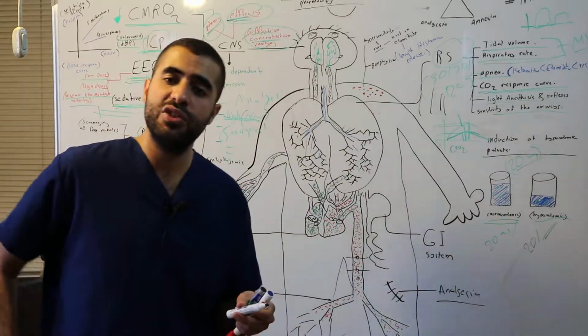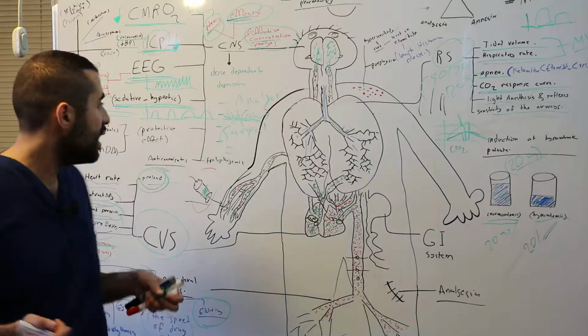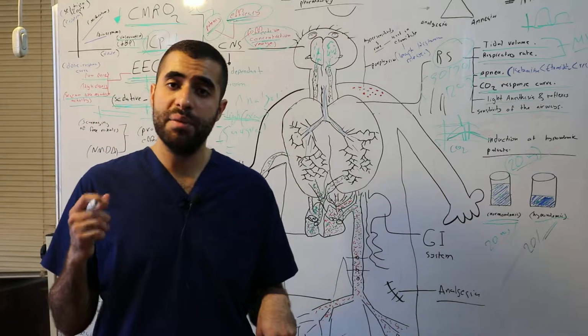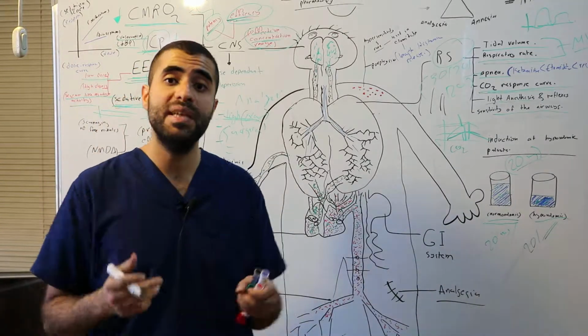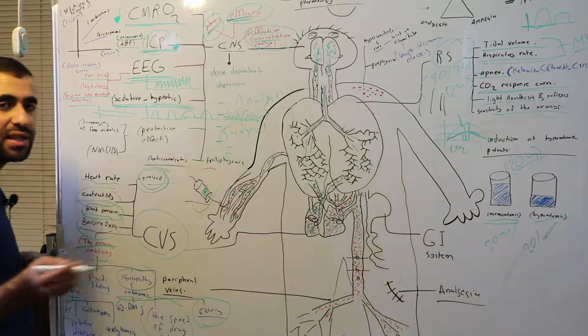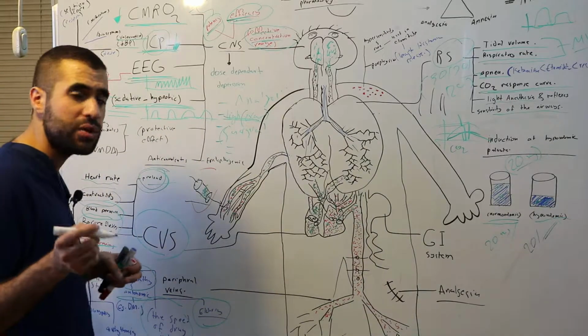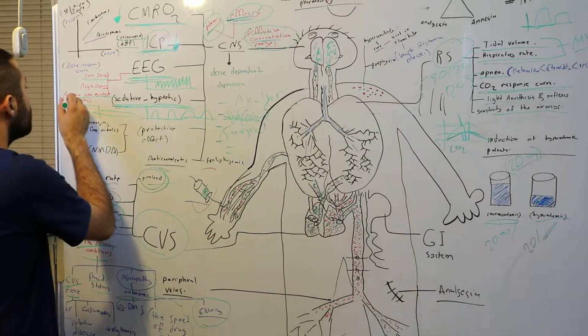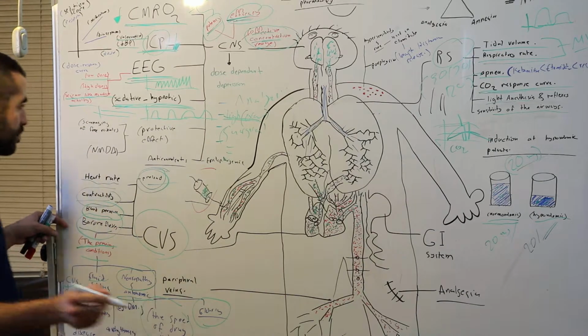Methohexital is associated with some epileptic activity. Etomidate in a previously epileptic patient will have some epileptic myoclonic-like activity. But propofol, ketamine, and most of the other IV anesthetics will have non-epileptic seizure-like myoclonic activities.